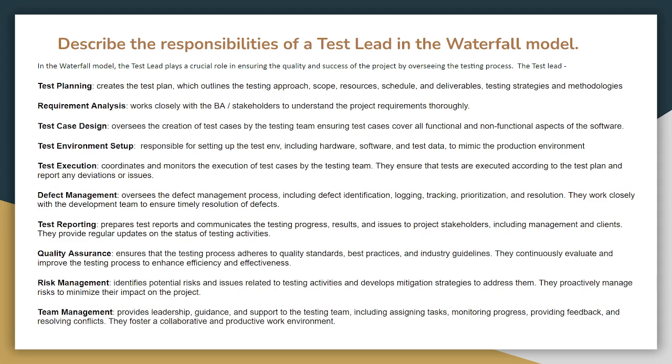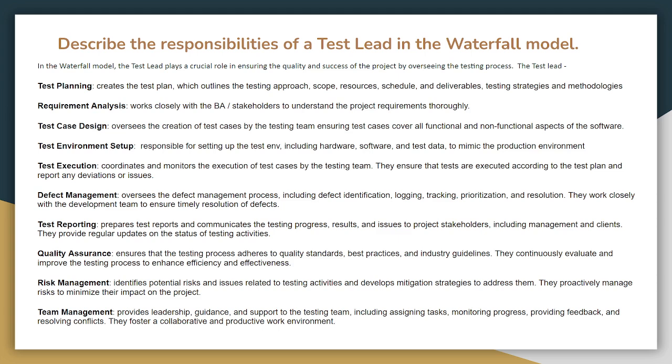They work closely with the development team to ensure timely resolution of the defects. Test reporting. The test lead prepares test reports and communicates the testing progress, results, and issues to the project stakeholders, including management and clients. They provide regular updates on the status of testing activities.